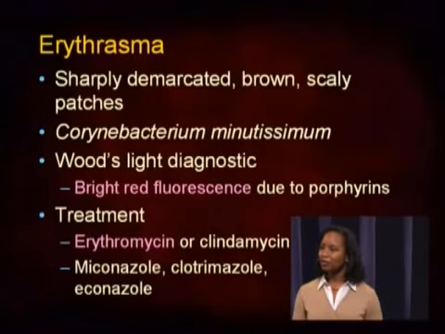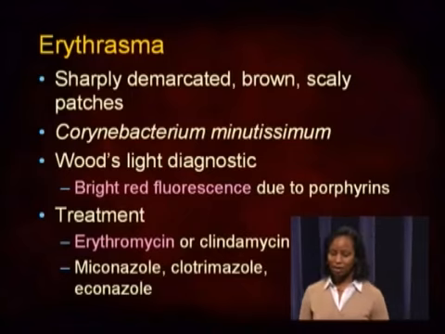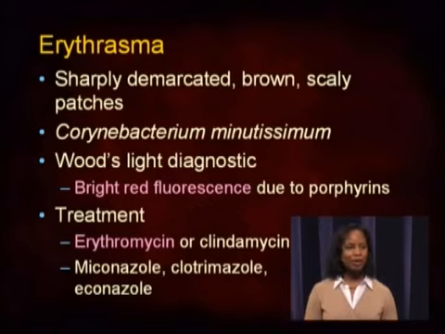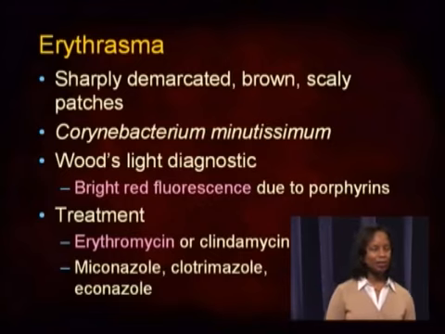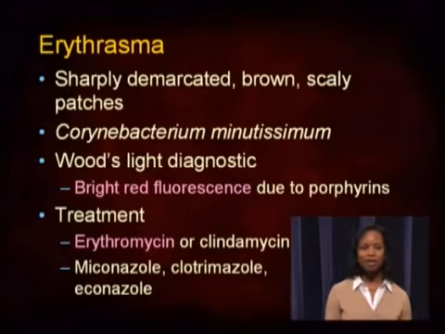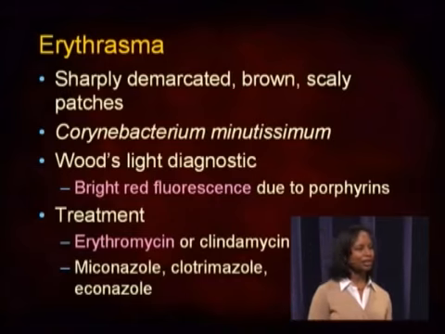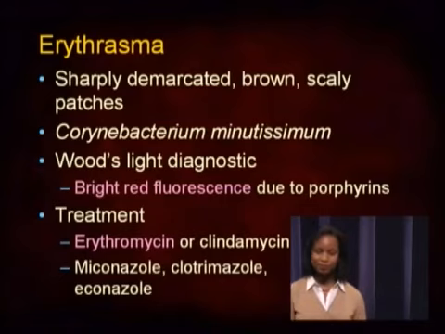So again, patients have sharply demarcated brown scaly patches, usually in the groin, but can involve the axilla as well. And this is caused by the bacteria Corynebacterium minutissimum. Again, that Woods light examination with the coral red or bright red color is diagnostic, and that's because the bacteria itself has porphyrins that fluoresce when exposed to the Woods light.